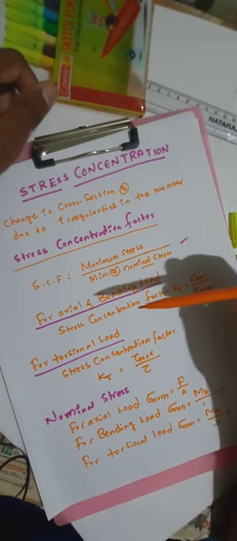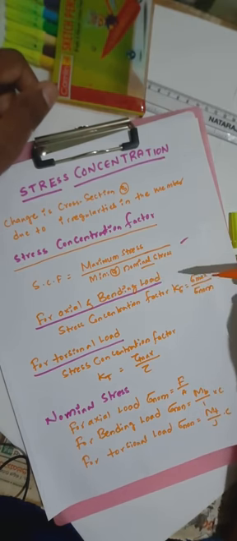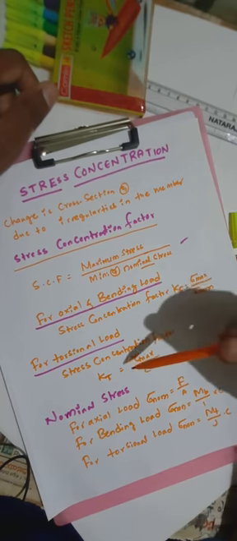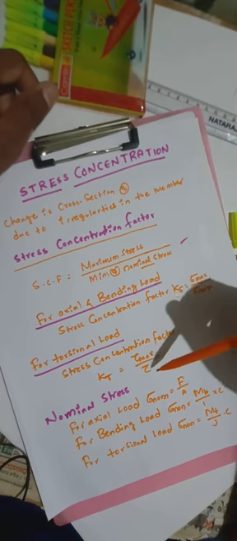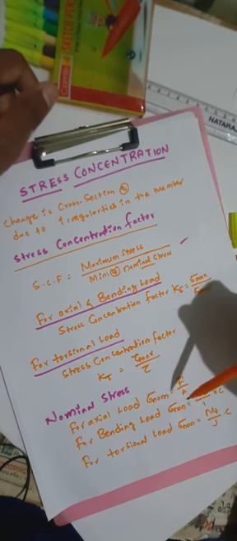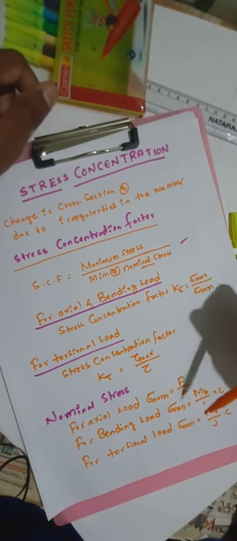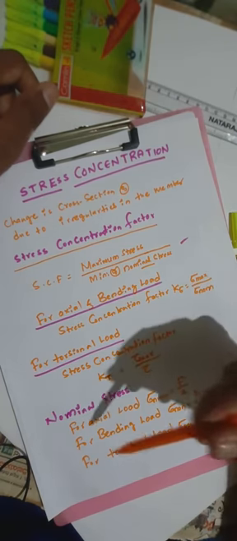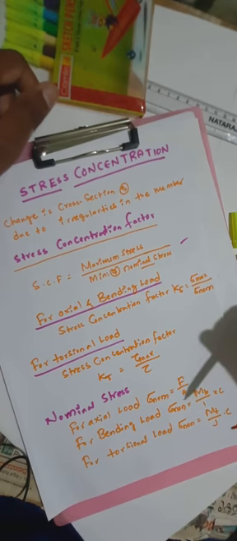For axial and bending load, K sigma is equal to sigma max divided by sigma nominal. For torsional load, K tau is equal to tau max divided by tau. For nominal stresses, axial load F by A, bending load Mb by I into C, torsional load Mt by J into C, where C is d by 2.